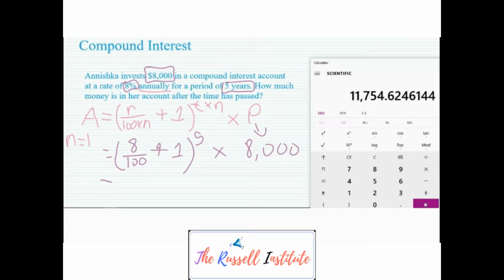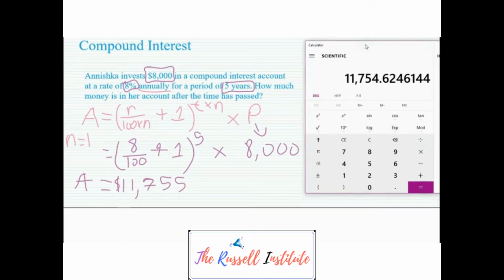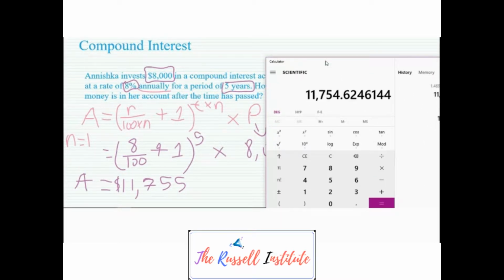My answer is $11,755. That is my new amount, $11,755. So if I want to know how much interest I made, all I need to do is subtract the principal.